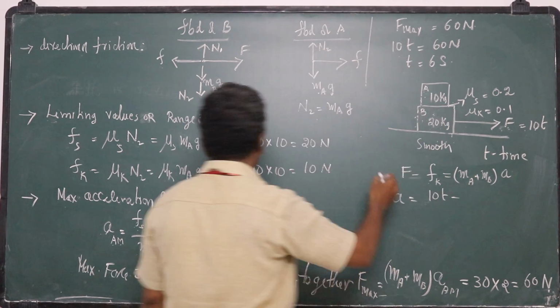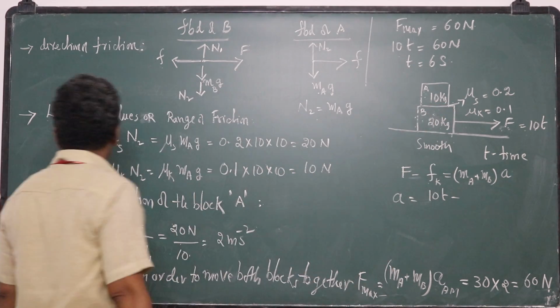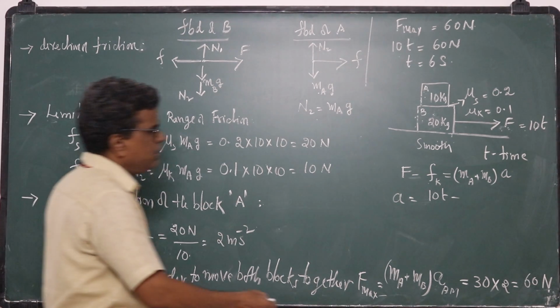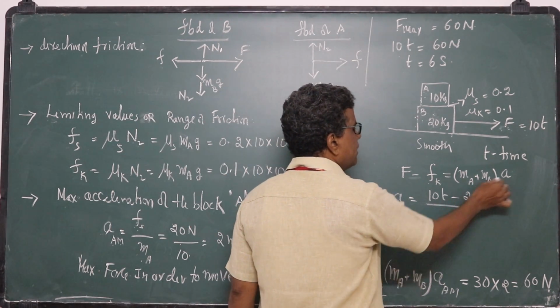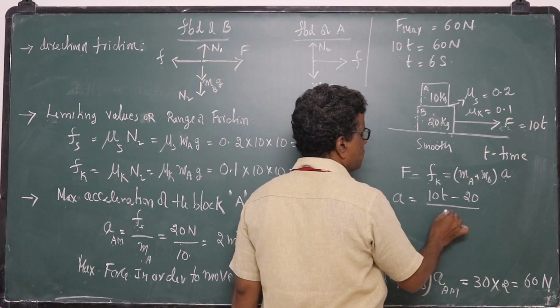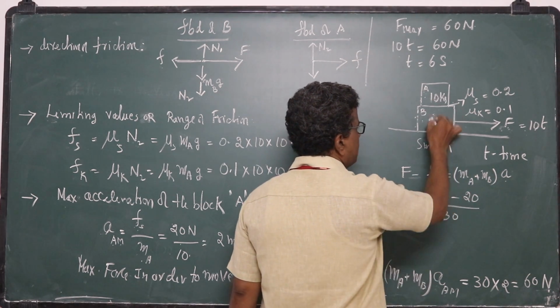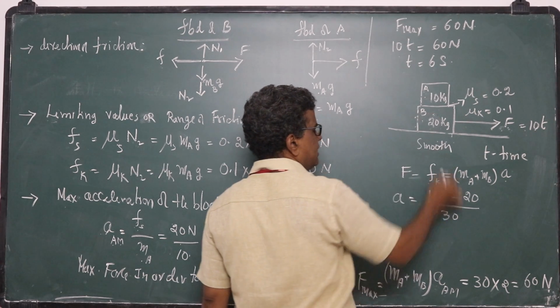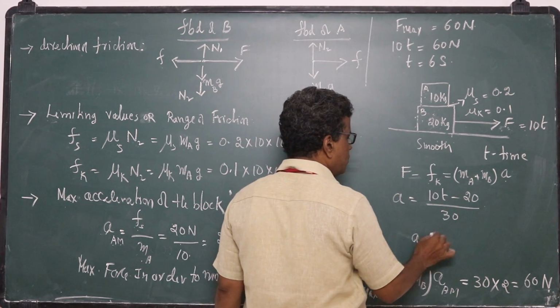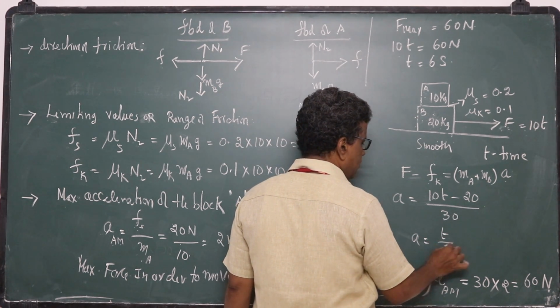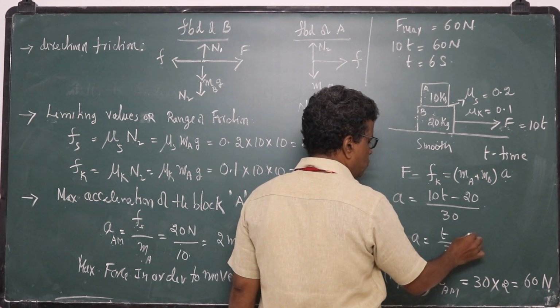So the frictional force between these two blocks is 20 newtons, static, divided by mass of A and B, which is 30. You take these two as a single unit. So the acceleration becomes (10t minus 20) by 30, that is t by 3 minus 2 by 3.